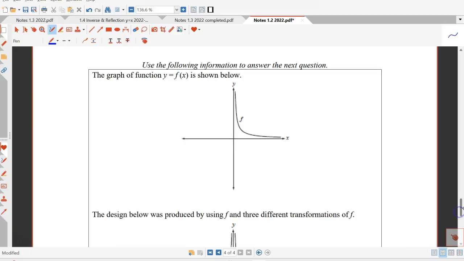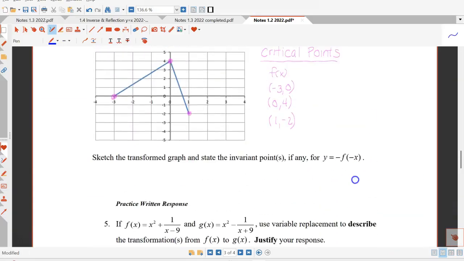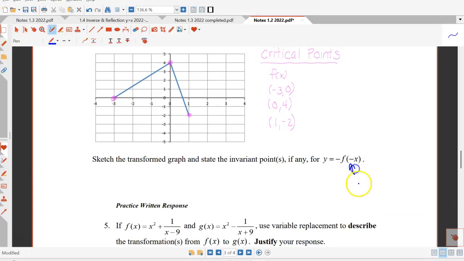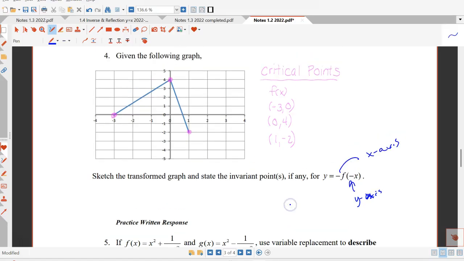And again, I know that this is over the y-axis, and this is over the x-axis. And so I know that my x and y, or u and v, will change to negative x and negative y exactly.